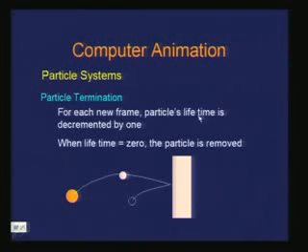So the particle's lifetime is decremented by 1 or by some factor, whichever procedure you have determined. And when the lifetime equals 0, that means the particle has to be removed, it is dead.